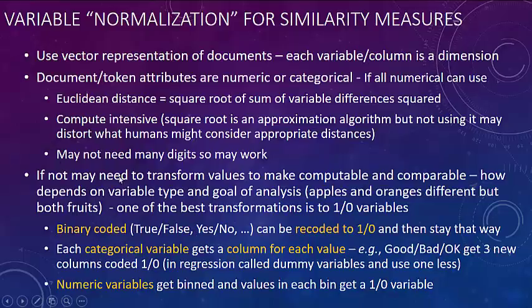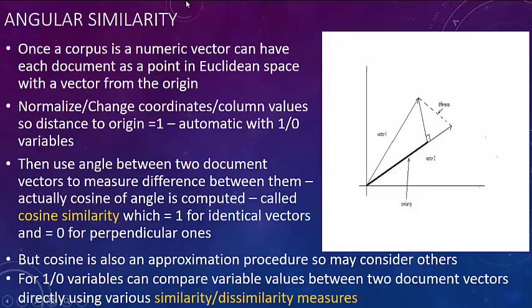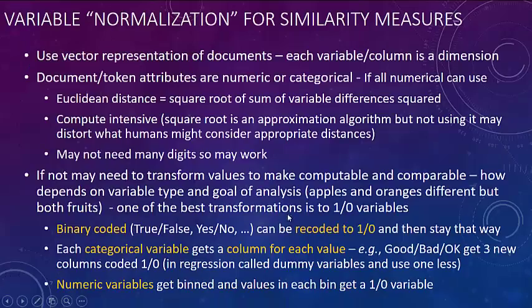Okay, so I think I covered most of what's in this slide, namely to get things into 1, 0 variables. I showed you by demonstration. One of the problems with Euclidean space is that it takes quite a bit of computation to do.